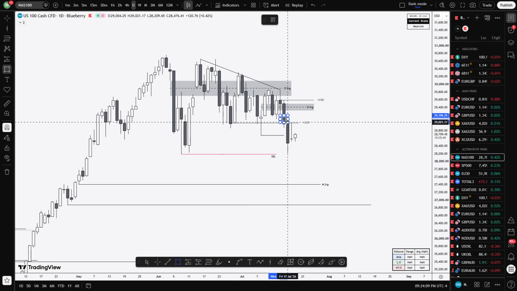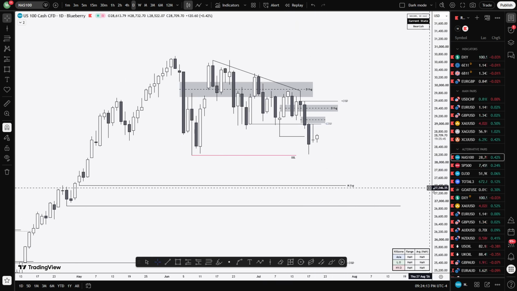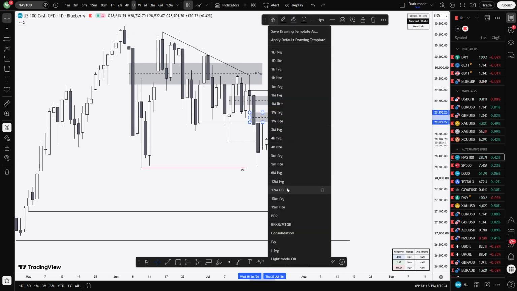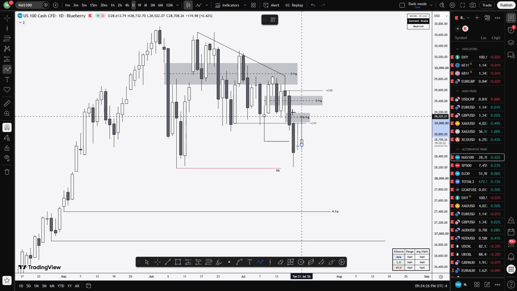So this is what I'll look to do. I'll look to take the position here. I would like to see what price does around this fair value gap, right? This is the daily fair value gap. So I'd like to see price trade back into this, either the fair value gap or the other block.